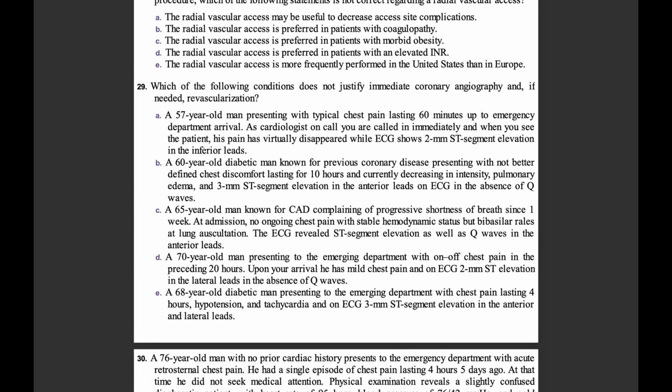Then it also said that in patients who are stable with ST segment elevation MI who have a totally occluded infarct-related artery greater than 24 hours after symptom onset, and are without evidence of ongoing ischemia, acute severe heart failure, or life-threatening arrhythmia, primary PCI should not be performed for that.